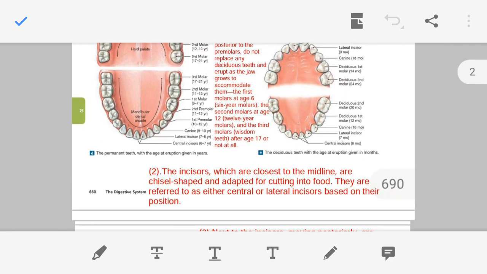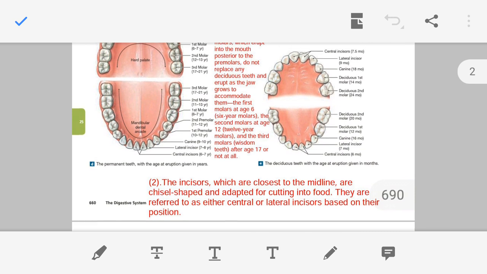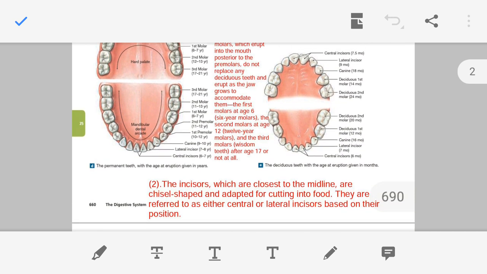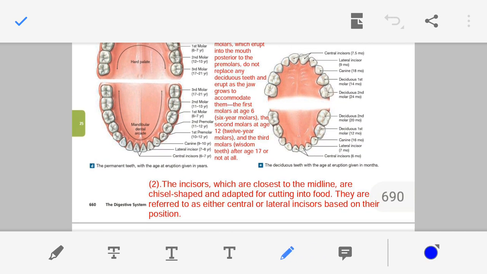Second point, the position of teeth in the decidual set. The incisors are present around the midline. This one is the midline, and this is also the midline.